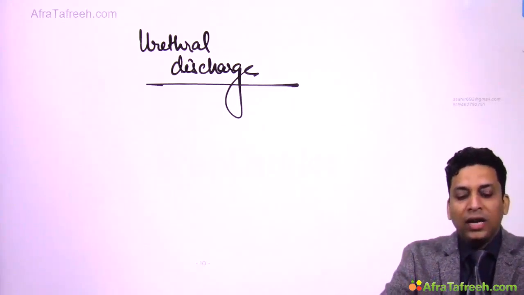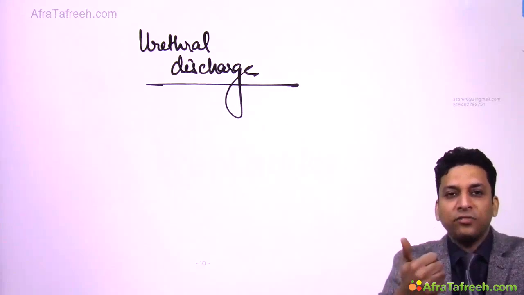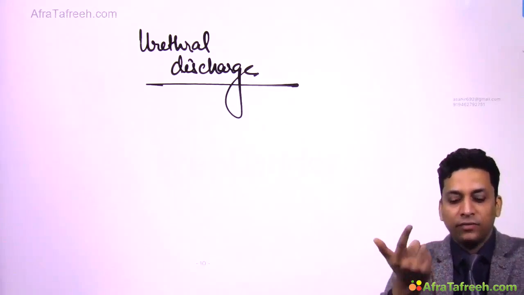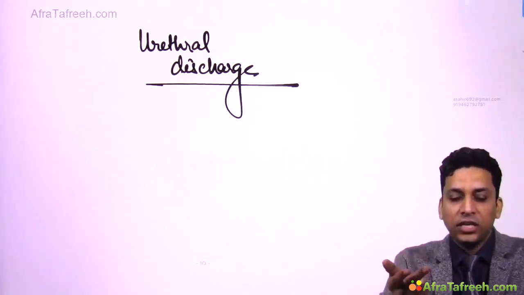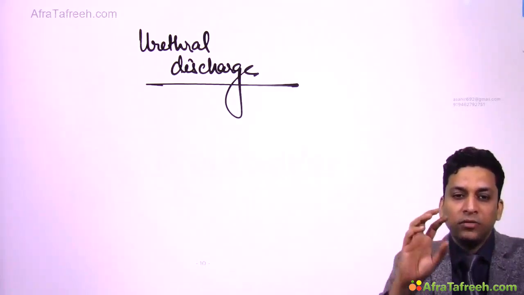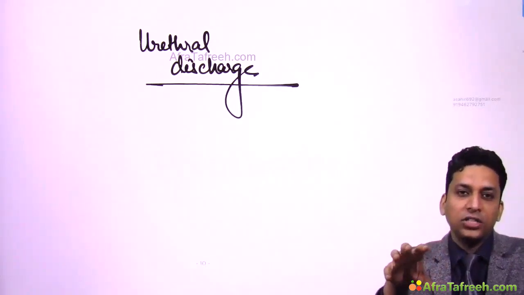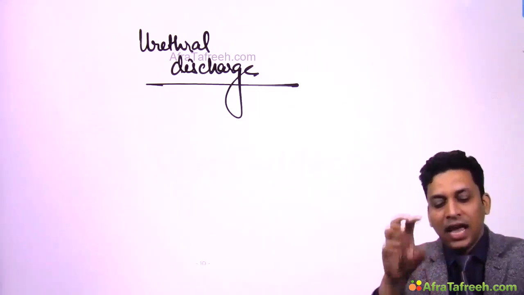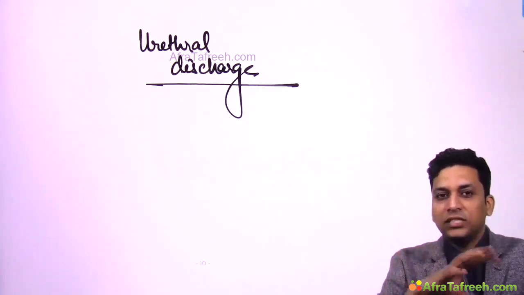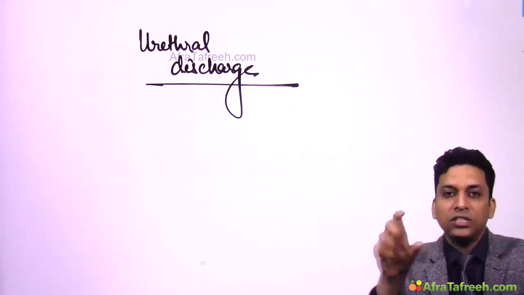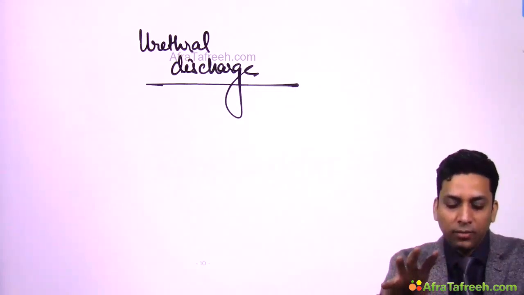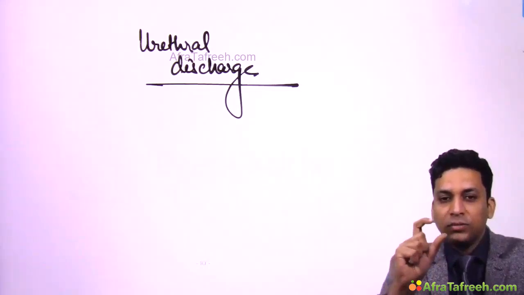Due to lack of specialists at the peripheral health center, lack of facilities available there, or lack of investigation, the government of India has provided these NACO kits, that is National AIDS Control Organisation kits. These are also known as STI kits, and these kits are used for the treatment of these syndromes, and this treatment is known as syndromic management. So we'll be discussing syndromic management in detail, and one of the syndromes is urethral discharge.